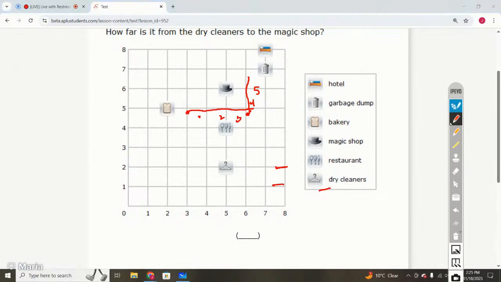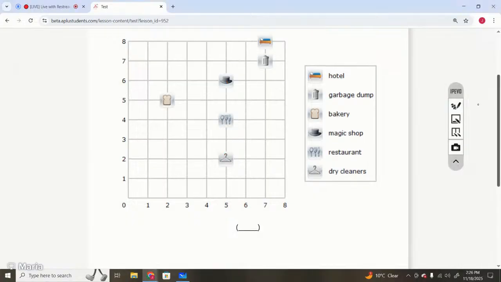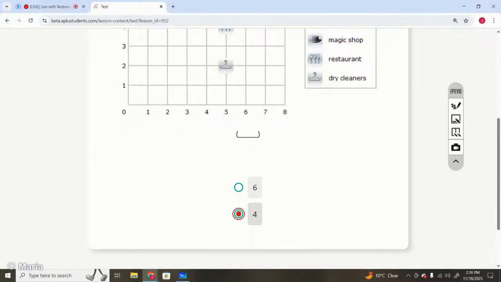Here is the dry cleaners and here is the magic shop. We need to find the distance between these points. They are on the same x coordinate. You just have to find the distance 1, 2, 3, 4. So they are just 4 points away. The correct option is 4. Option number 2 is the correct option.